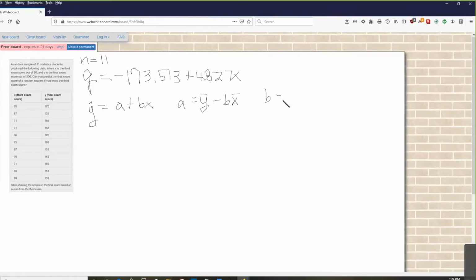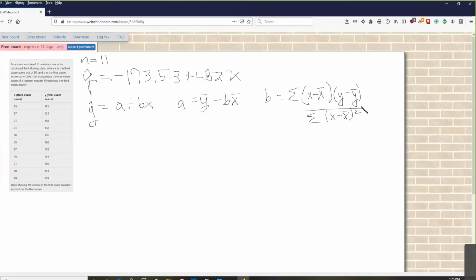B is going to equal the summation of x minus the mean of x times y minus the mean of y, all divided by the summation of x minus the mean of x quantity squared.